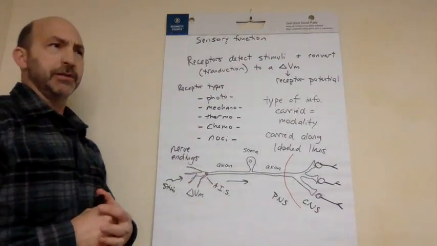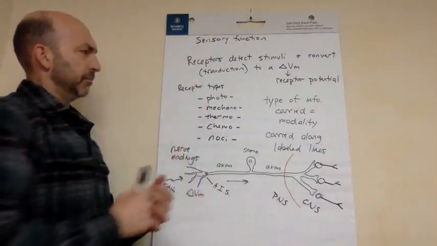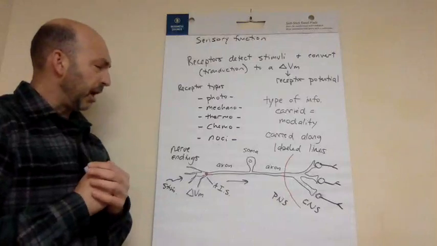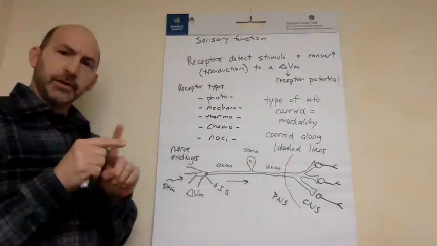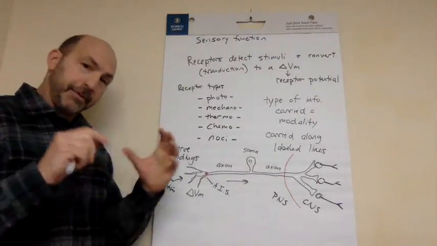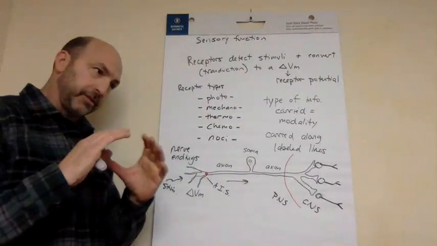So encapsulated nerve endings are often mechanoreceptors, like tactile. So there's free, unencapsulated nerve endings, and there's encapsulated nerve endings with a specific connective tissue filter on it.